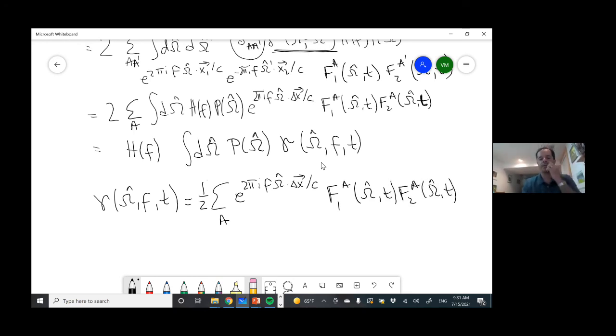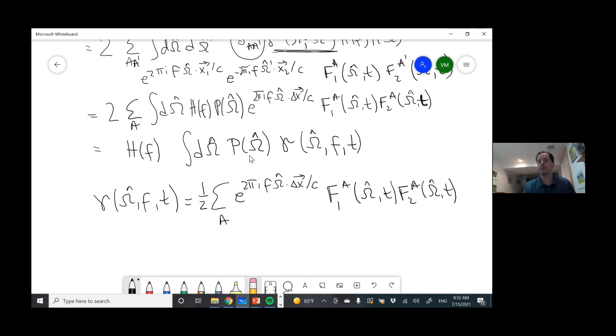Okay, so this is very similar to what we had before. Before, you may remember, we had h of f times the overlap reduction function gamma 1,2. We have a similar situation now, except that this overlap reduction is now multiplied by p of omega.